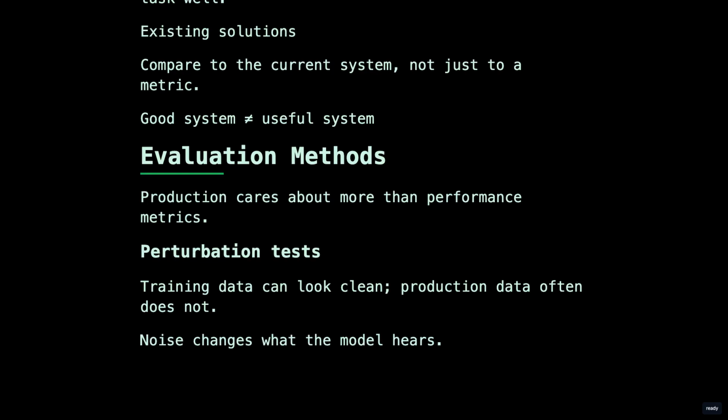Background chatter, music, different microphones, and even a slight delay in starting the recording can all shift the input enough to confuse the model. Those small differences matter because they are exactly the kinds of changes users produce without trying.